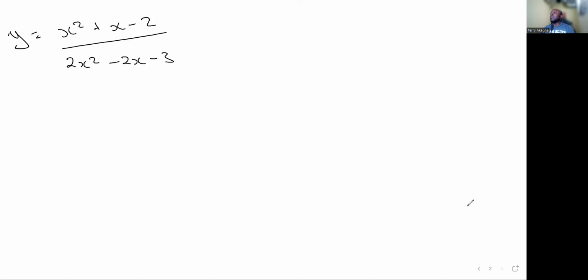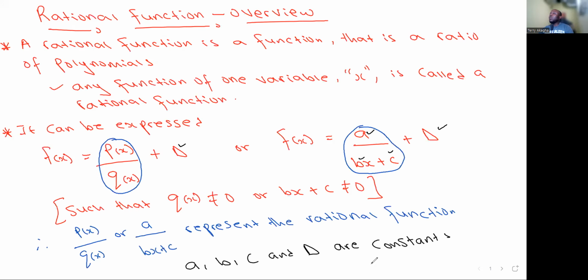So let's pick an example. Let's say we have y is equal to x squared plus x minus 2 divided by 2x squared minus 2x minus 3. Now, this is a rational function because if you look at it carefully, it looks exactly like the first one in the previous slide, p of x over q of x.